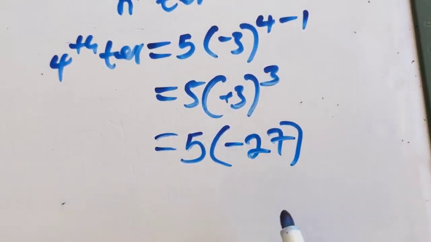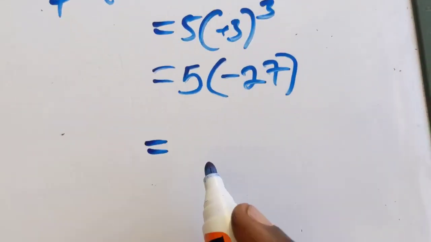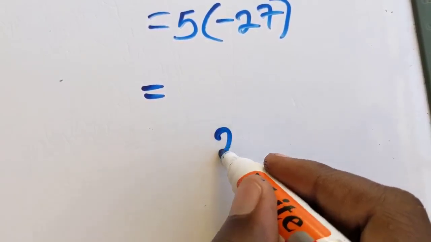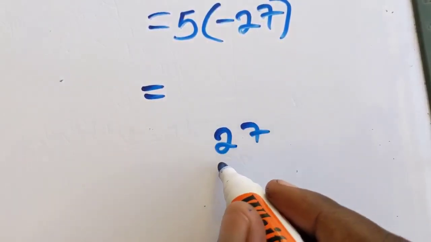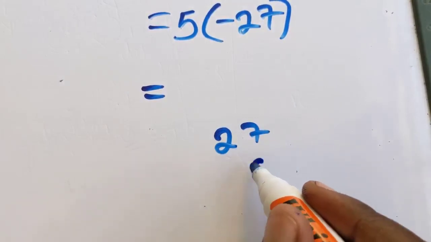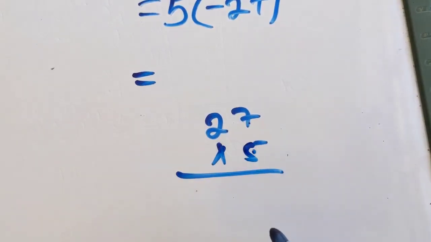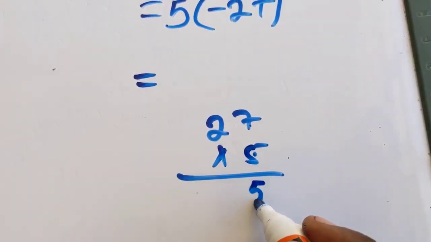So here now you can multiply 27 by 5. You just do the same simple mathematics. You multiply 5 times 7, you find that it is 35.